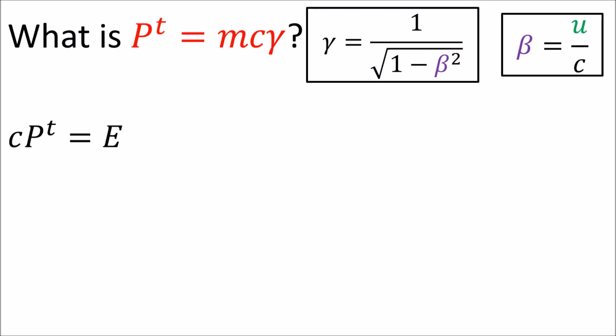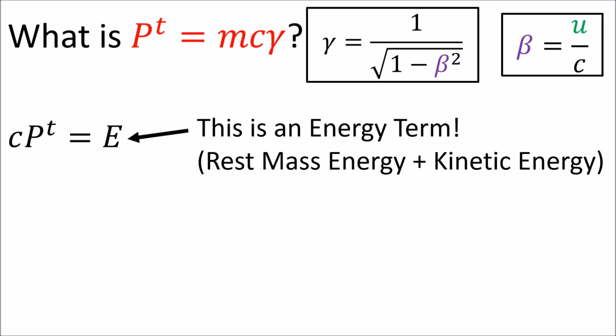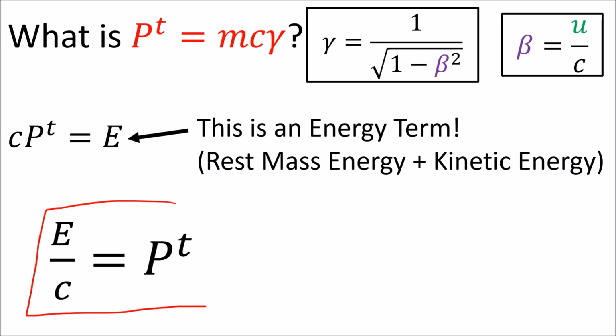So really, we found that c times the time component of 4-momentum gives us an energy term. It's the rest mass energy, mc squared, plus several additional kinetic energy terms. In other words, energy divided by the speed of light c gives us the time component of 4-momentum.